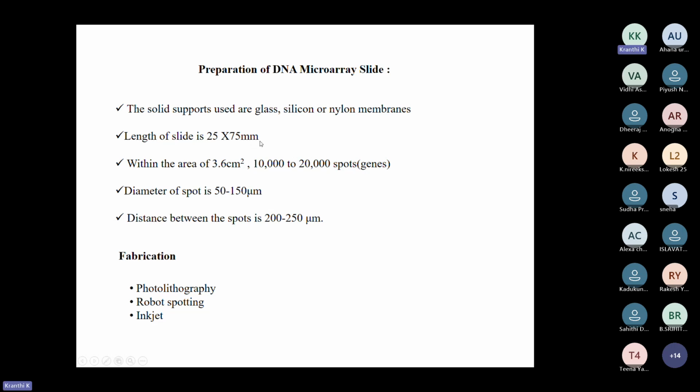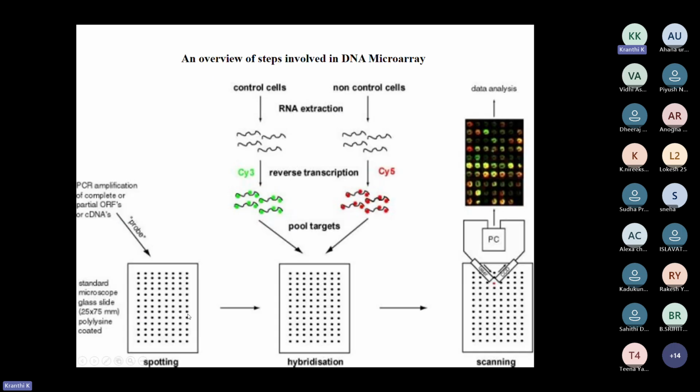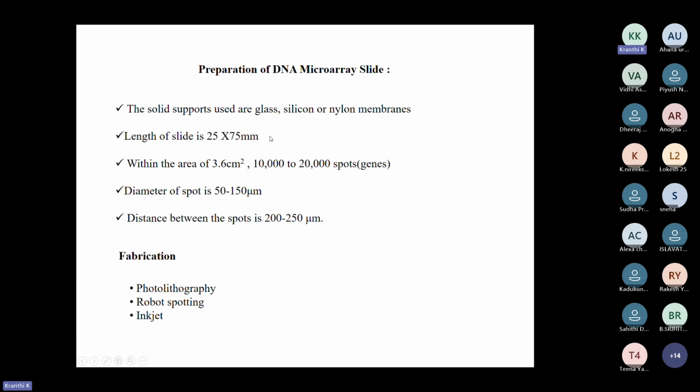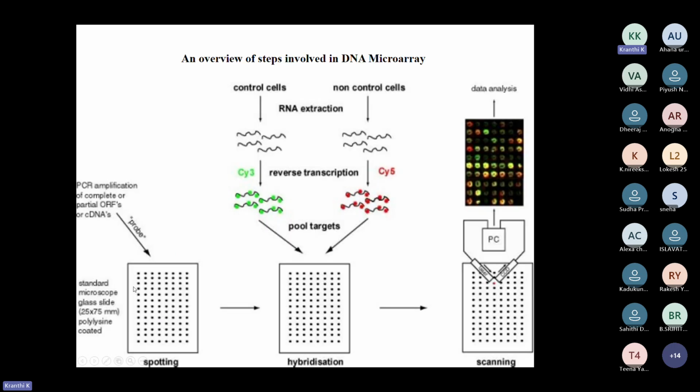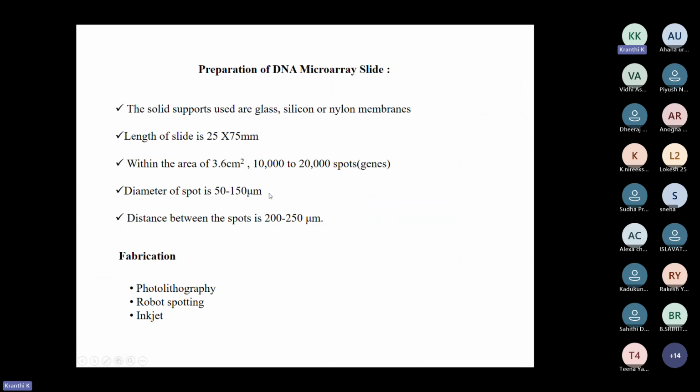Within an area of 3.6 centimeter square, 10,000 to 20,000 spots, meaning DNA fragments, we can place. The diameter of each spot is 50 to 150 micrometers.